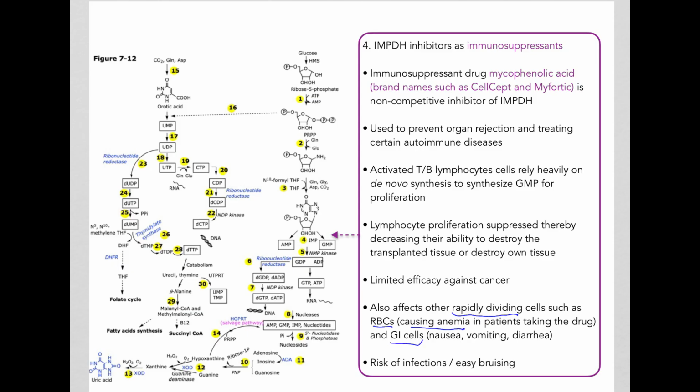Then GI cells also divide very rapidly, and their proliferation will be affected, and that leads to symptoms such as nausea, vomiting, as well as diarrhea. Since these drugs suppress the immune system, patients taking these immunosuppressants are at very high risk of infections. That's a serious side effect of these drugs.